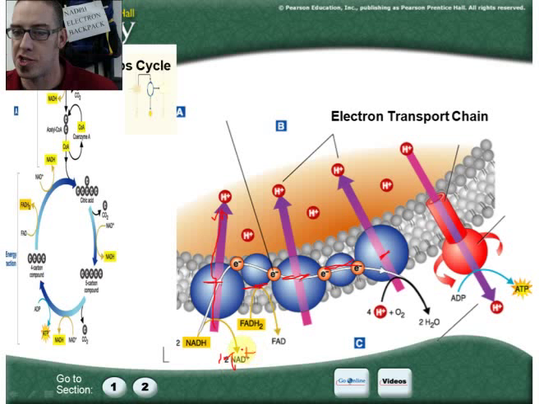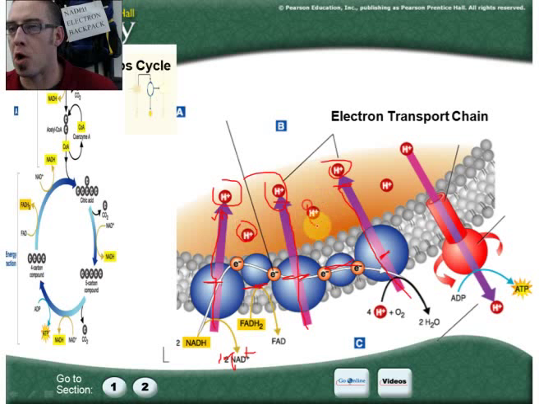So if there's any hydrogen ions out here, they're going to be drawn through inside the inner membrane of the cristae. So all of these hydrogen ions are brought in because of this negative or electronegative charge that are brought in by NAD and FAD.